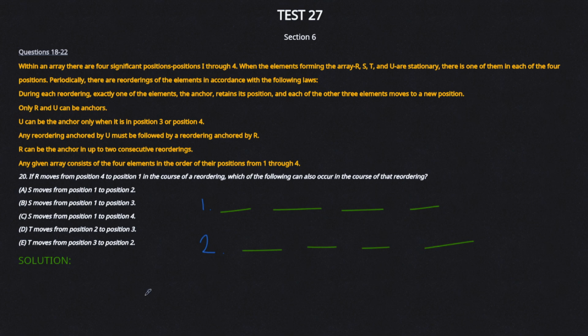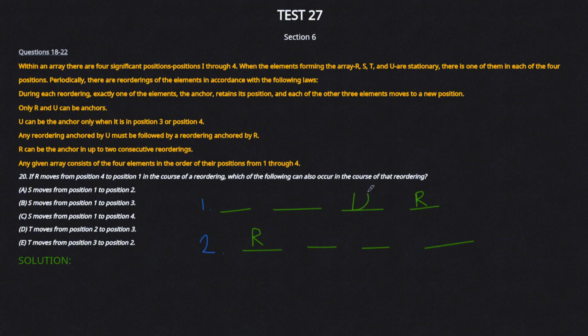Question number 20. If R moves from position 4 to position 1 in the course of a reordering, which of the following can also occur in the course of that reordering? Okay, so R was at position number 4, then R moved to position number 1. So R is not the anchor. So we know U has to be the anchor, and U can only be the anchor when it is in position 3 or 4.